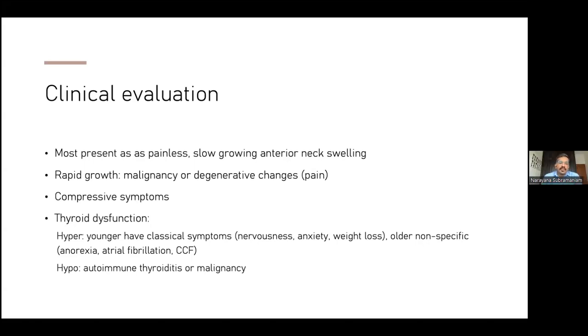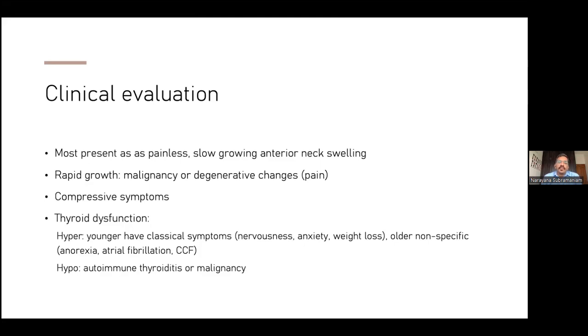Compressive symptoms are very important to keep in mind. These again are not specific to thyroid cancer. So if you have long-standing benign thyroid neoplasms or thyroid nodules, the patient often compensates well for them. So if you have patients with large retrosternal goiters, for example, very often they don't have any symptoms at all. They can have some vague dragging sensation or a heaviness in the neck.